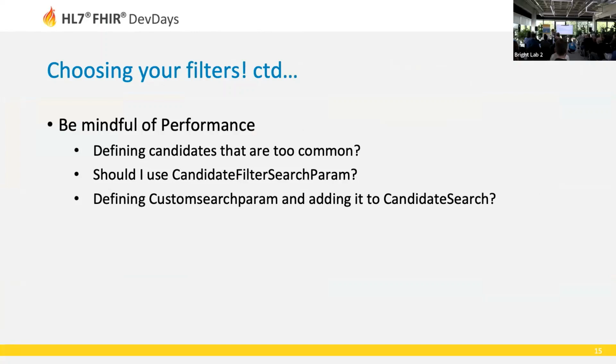Defining pre-searches and filters is very important and can boost your performance. Also, it can kill the performance if you don't choose them correctly. So, for example, if you define a candidate which is too outreaching and too common, you will kill the performance. So you really have to be mindful of what you are choosing. Same thing with candidate filter search param.